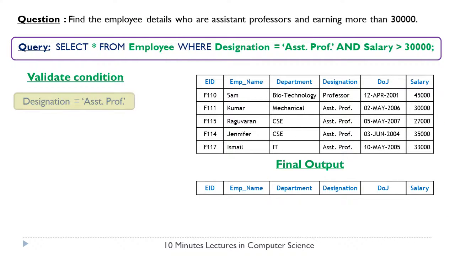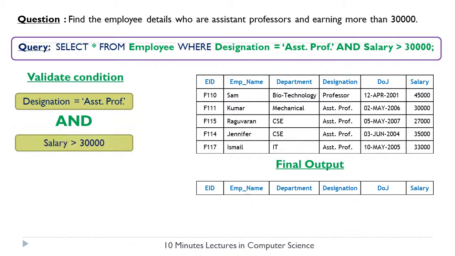In this example, we filter the data with two conditions. One is designation is equal to assistant professor and the other is salary should be greater than 30,000. If both the conditions are valid for every record, then those records will be included in the result set. Otherwise, they are eliminated.